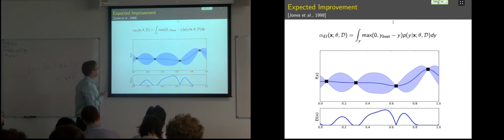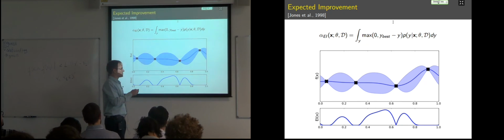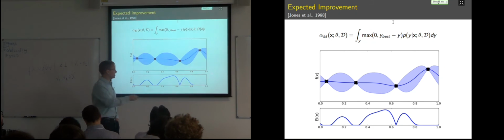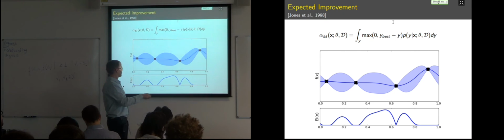So essentially, this is the integral over y, which corresponds to x, which is a point in the domain. If you expect to get something that is worse than the current best that you have, the value of the acquisition function is going to be 0.